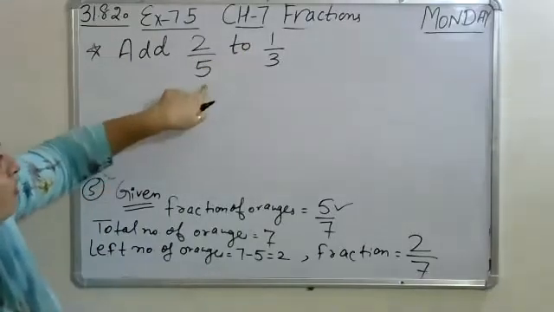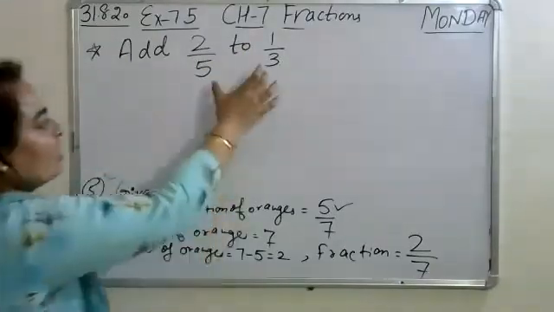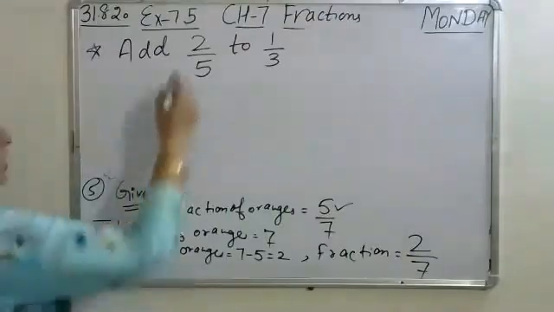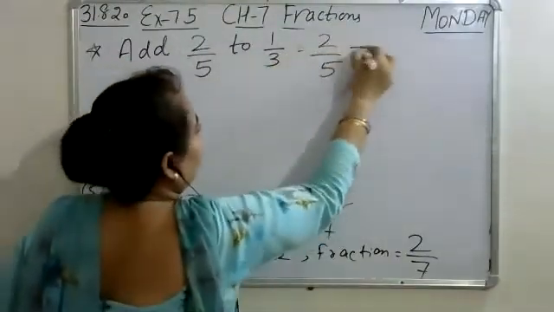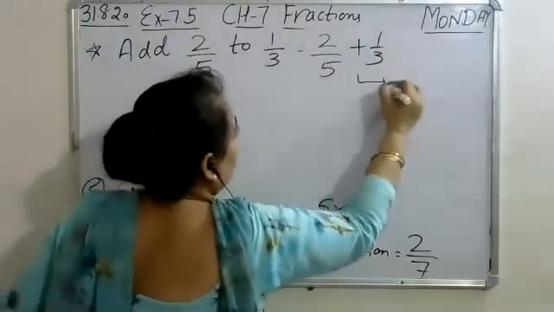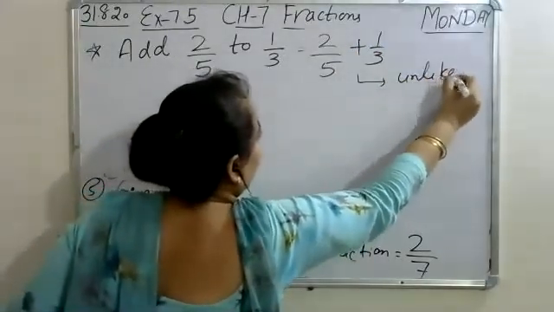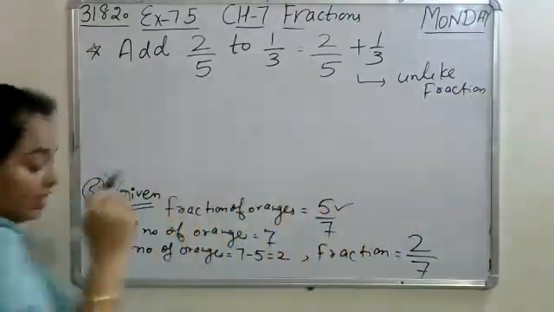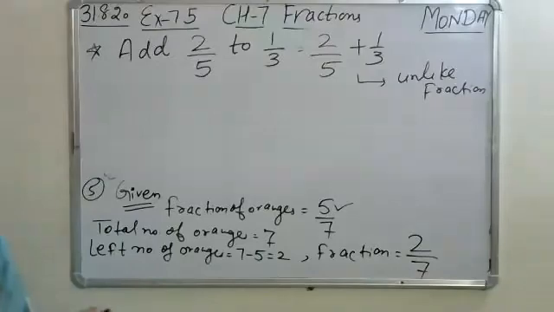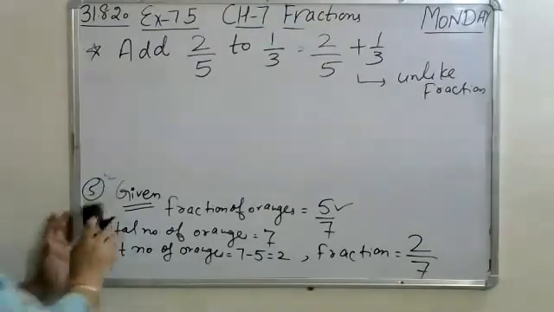What is the nature of these fractions? Ma'am, unlike fractions. Very good. These are add, meaning 2 by 5 plus 1 by 3, and both are unlike fractions. Now tell me, if the fractions are unlike, then what is the first step? Ma'am, LCM. Yes, LCM.